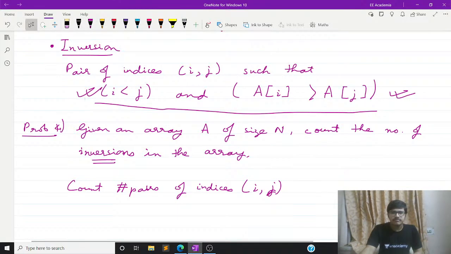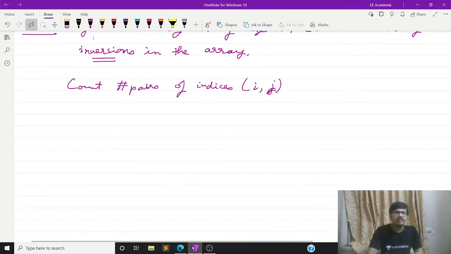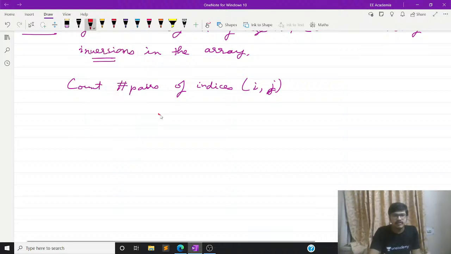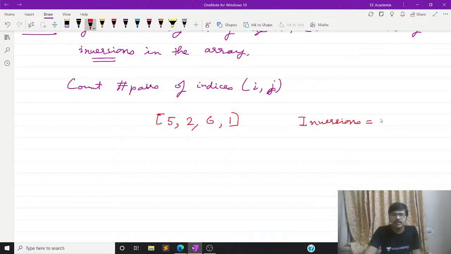So if you look at the array which we had initially, 5, 2, 6, 1, the number of inversions would be how much? 4, right?